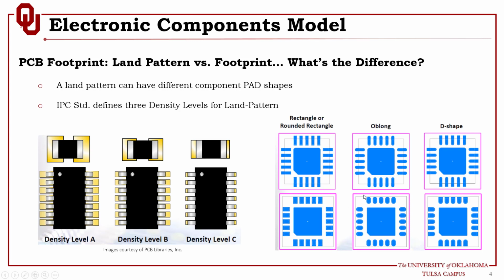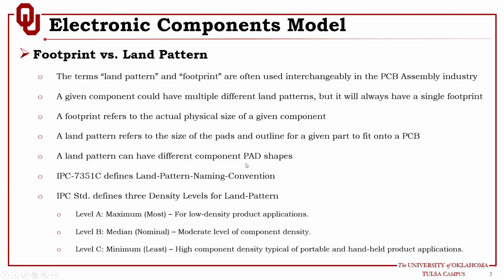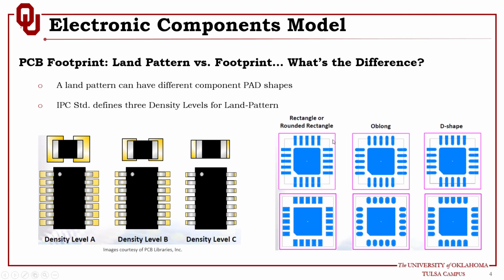And as mentioned, these can have different pad shapes. If you go back, here they can have different pad shapes, as we see in here. And this is an example for you. Here you can see you have a rectangle. Here you have an oblong, D shape. It goes like that, and then you have a D and go up again. It's like a rectangle with a corner or a D shape in here.